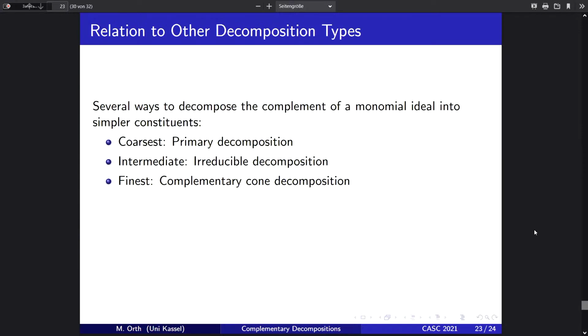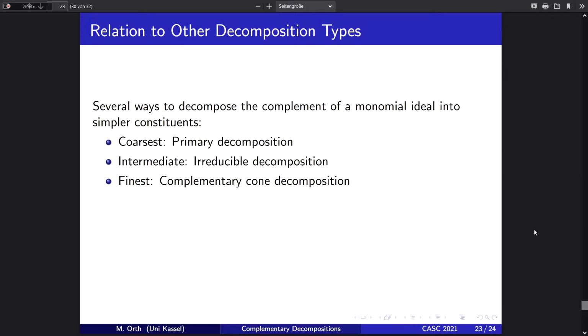Yeah, and to finish the talk, let's look at relations of our construction, or of complementary decompositions, to other decomposition types. Namely, there are several ways to decompose the complement of a monomial ideal into simpler parts.